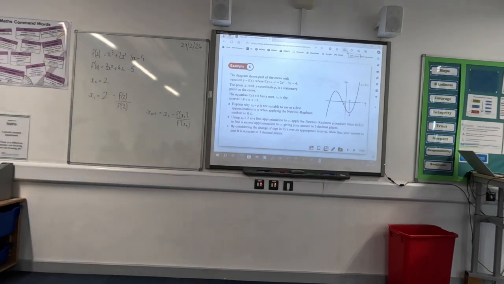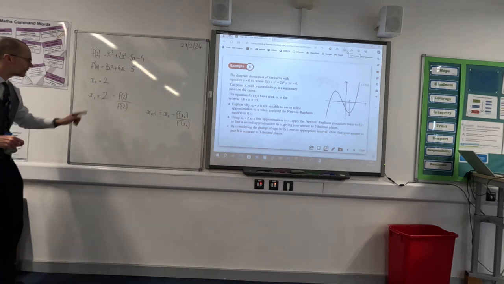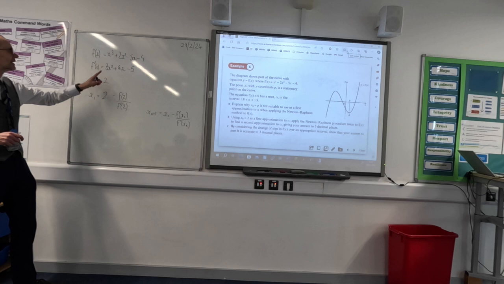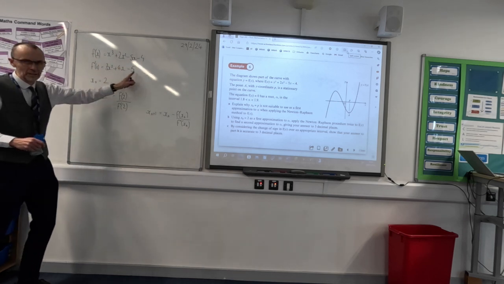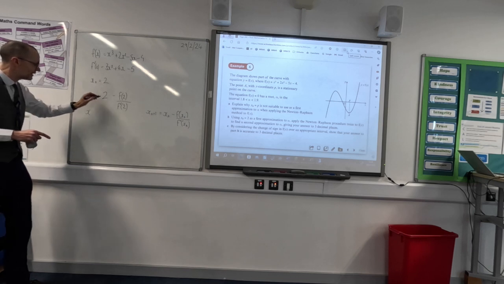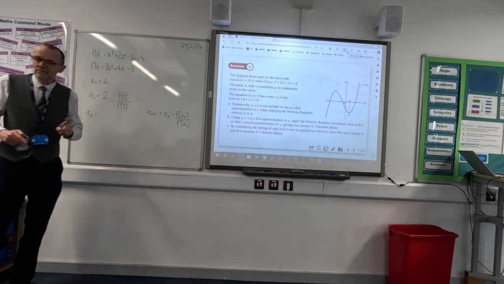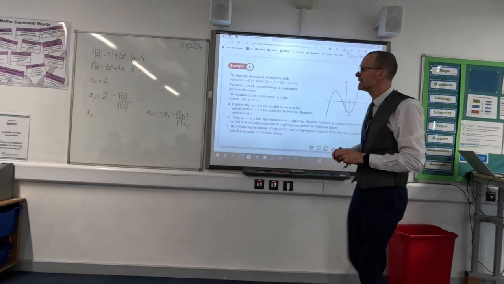I'm going to do this not using the answer function, but using 2 arrow x. So I'm going to put 2 arrow x, and then type in 2 minus blah blah divided by blah blah. Press equals, and that will give me my next value, my x1. Is it better to do the answer button maybe?